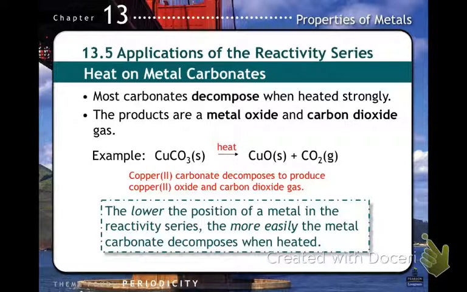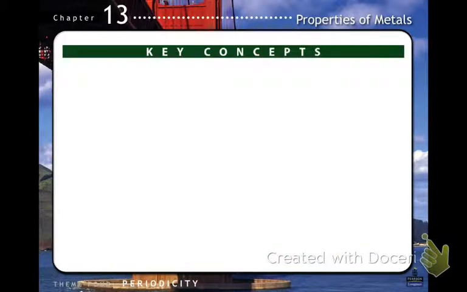For decomposition as well, when you heat it up very strongly, metals that are lower in the reactivity series will decompose to form an oxide and carbon dioxide gas. Which ones cannot undergo decomposition on heat? Again, top 5 metals. Top 5 metals are so attached to their anion that it can't be split apart. Alright, so that's about it.